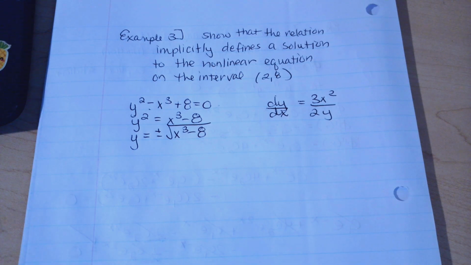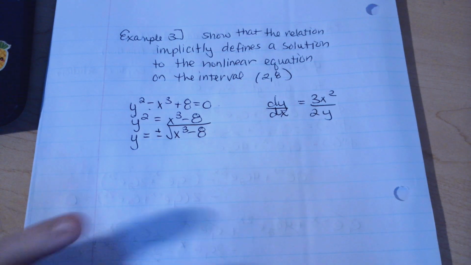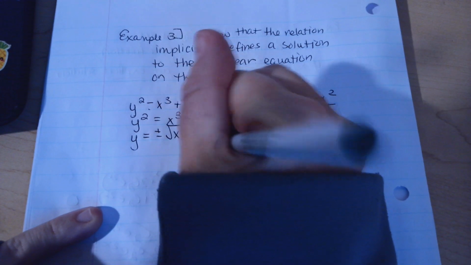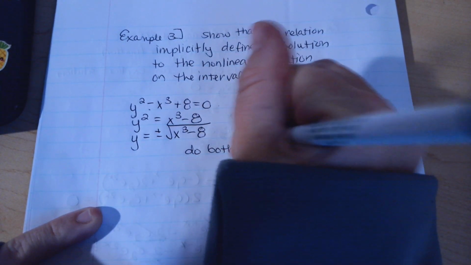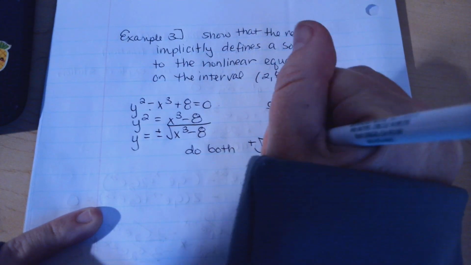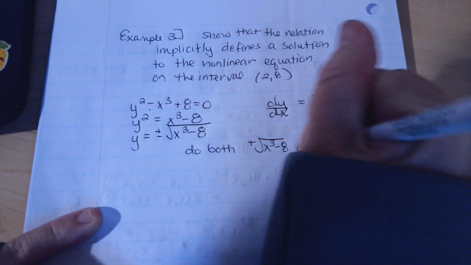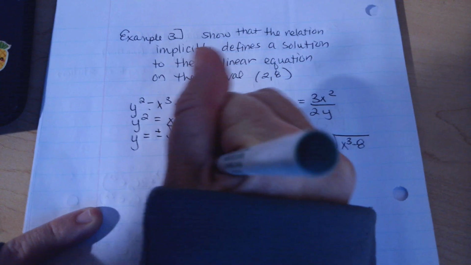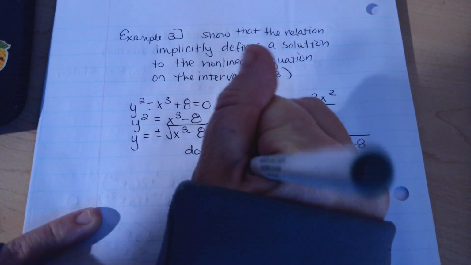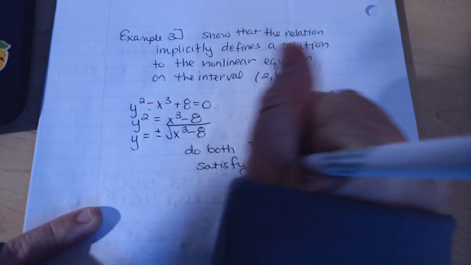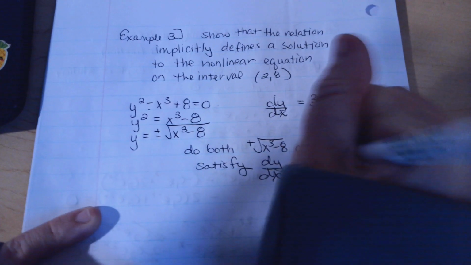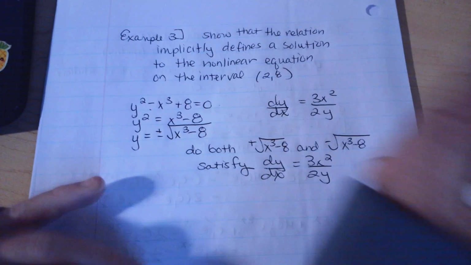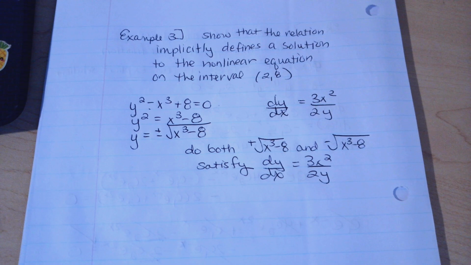Okay, and so to show that this is an implicit solution, we ask ourselves, do both the positive square root of x cubed minus 8 and the negative square root of x cubed minus 8 satisfy it? Do they both make this true? And so that's what we're going to go ahead and check. And that's what you should go check right now.